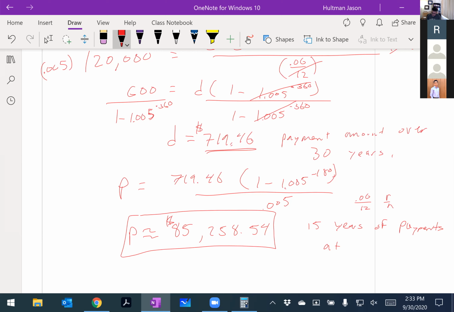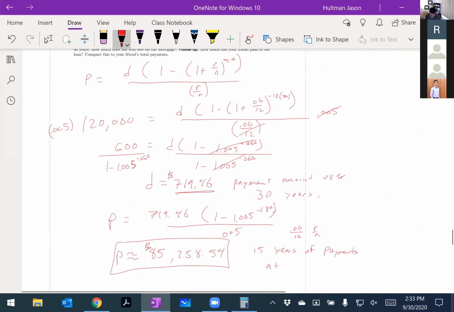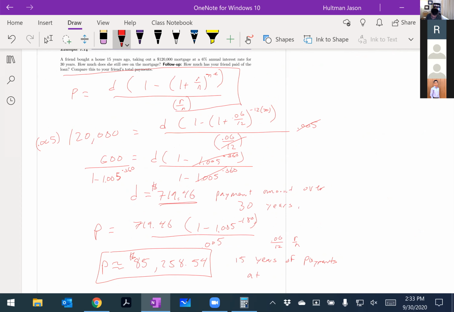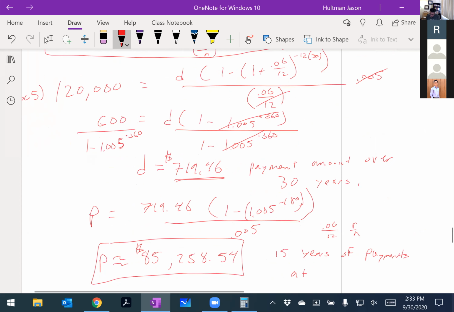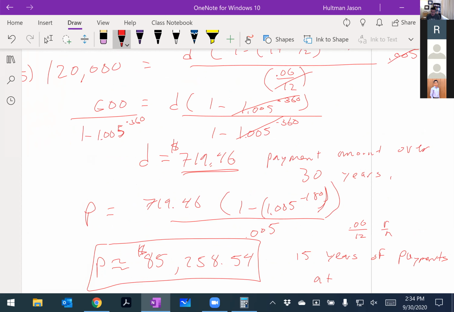I have a question, Professor. For the 1 minus and then the parentheses 1 plus R over N, can we just leave the 0.005, or do we need to have the 1 minus 1.005? You need to have the 1 minus 1.005, because it's 1 minus something to an exponent, and you have to evaluate the exponent before you subtract.